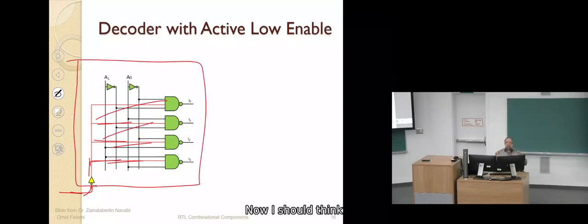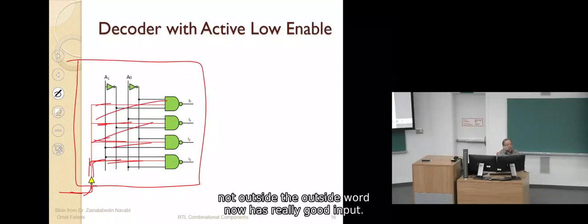So I should think about the delay and how I could make it better, and I do something inside my component, because this goes inside my design, not outside. The outside world now has a really good input, one input which goes to only one gate, which is this one.